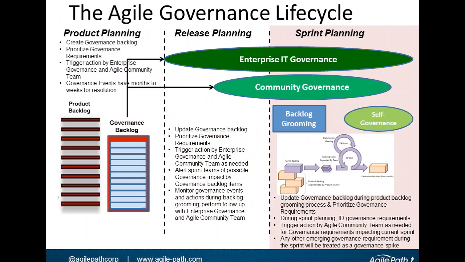And also during release planning, of course, we're doing some ongoing monitoring of these governance events and triggers during backlog grooming, so we can just keep a constant vigilant visibility of any governance issues that may arise. So release planning, of course, happens more frequently than product planning, less frequently than sprint planning, but it still is a mechanism that would identify and reprioritize governance needs and then feed those into the model.